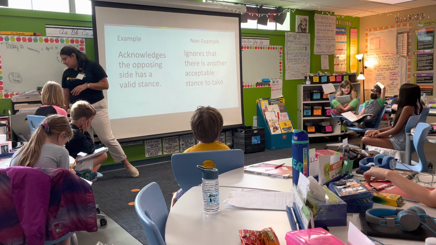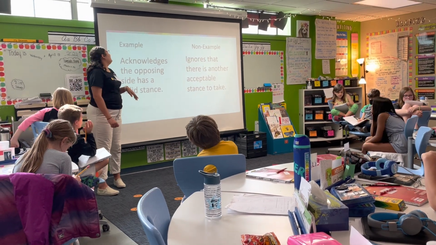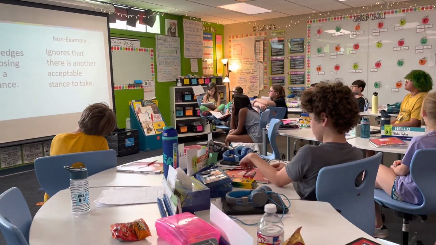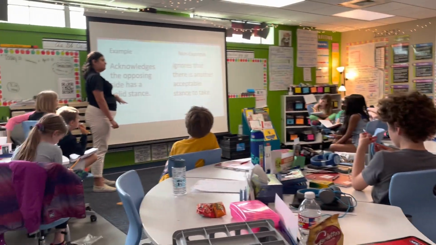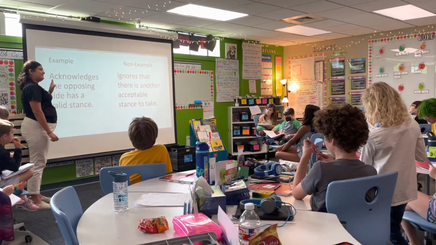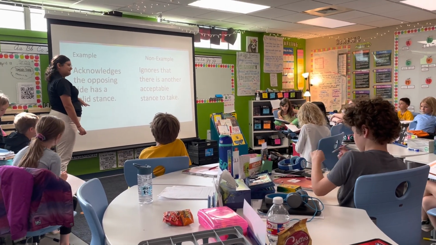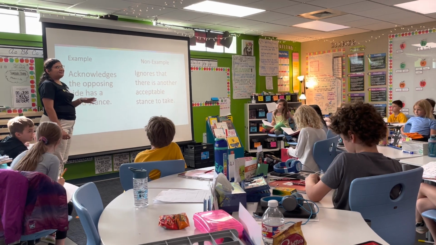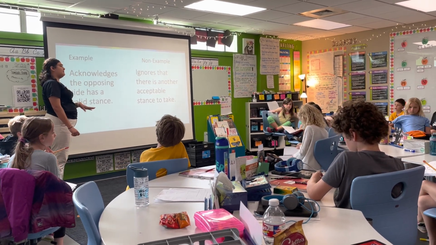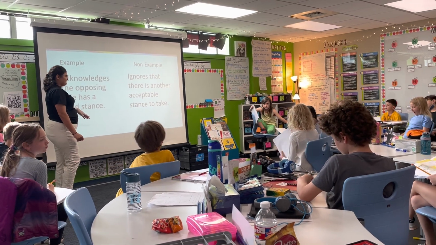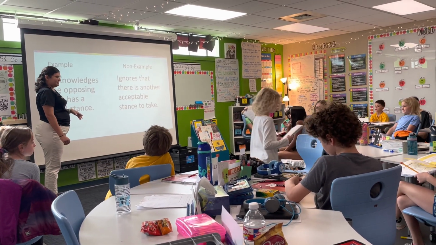All right. This example is that you acknowledge the opposing side has a valid stand. So valid means correct. Yes. And stand, like for the example about bullying, you're against it. And valid means they have a point.